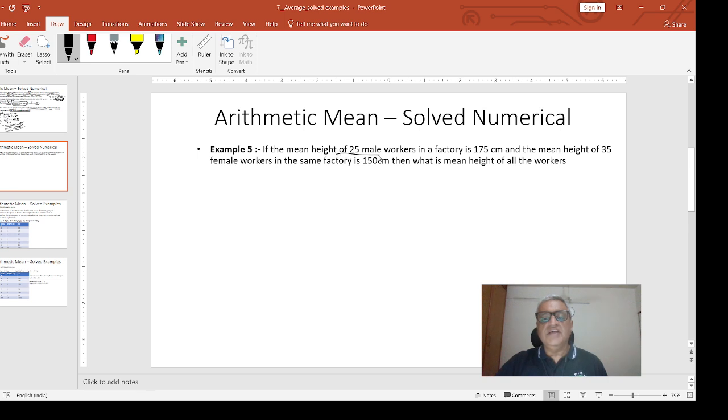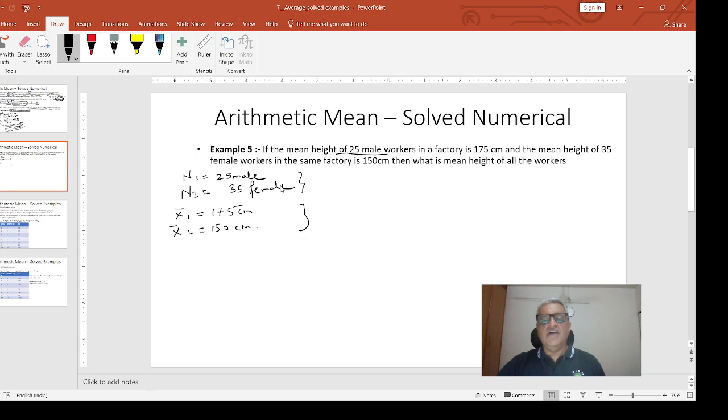Another example on similar lines: we have 25 males, so say n1 is equal to 25 males, n2 is equal to 35 females, x1 bar is the average height of males, 175 centimeters, and x2 bar is 150 centimeters.